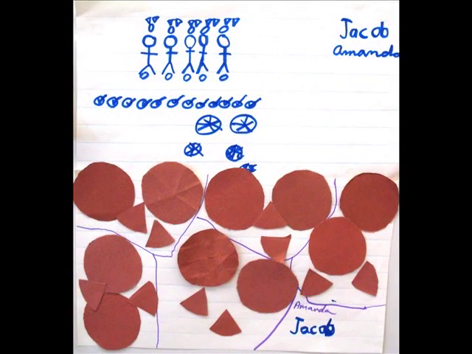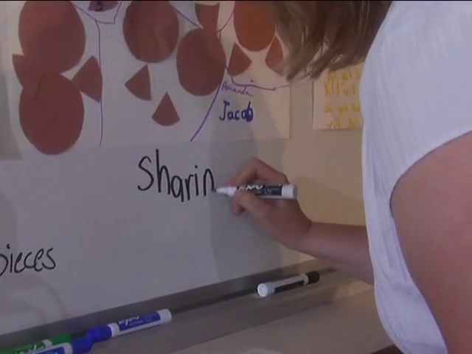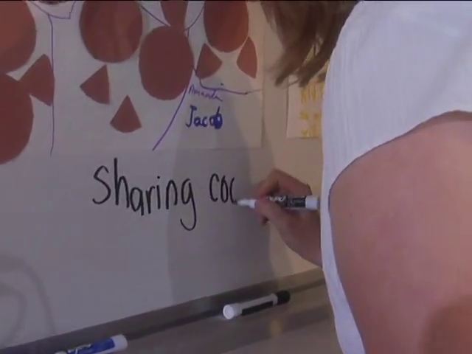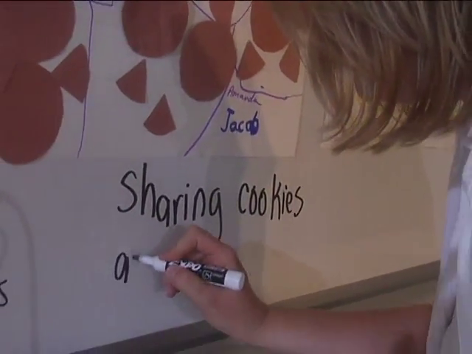They used fractions for their circles, because on the one, it says on the little triangles, it says 1/5, so they used fractions on theirs. They were sharing cookies and splitting into 5ths.